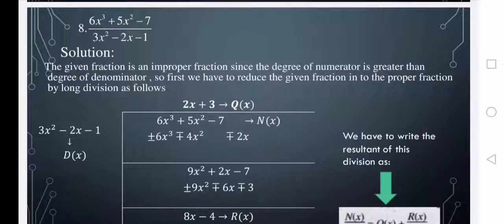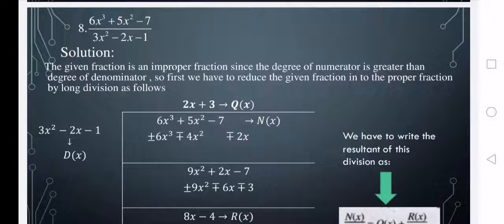Now how are we going to reduce it into a proper fraction? The denominator 3x square minus 2x minus 1 is written outside, and inside we write 6x cube plus 5x square minus 7. We will have to multiply 2x to each and every element of Dx to go for the division. 3x square multiplied by 2x gives 6x cube.